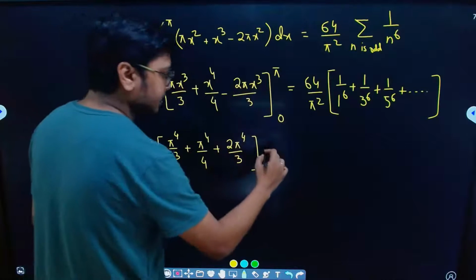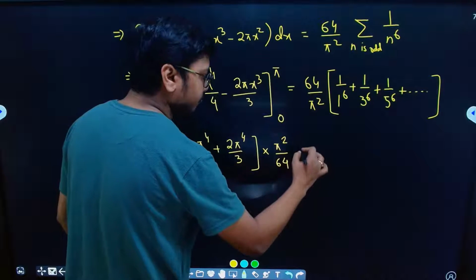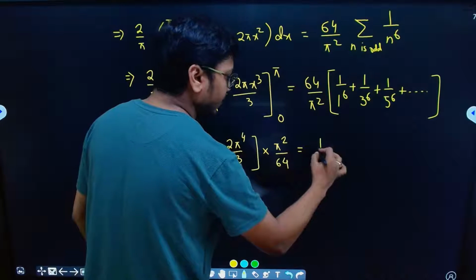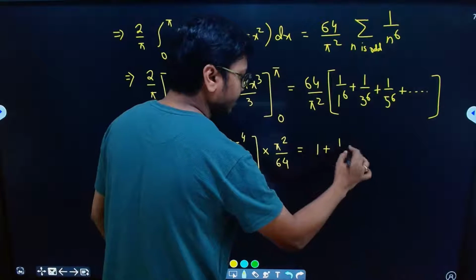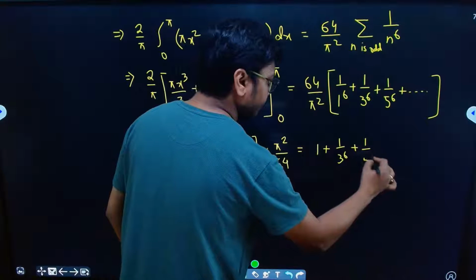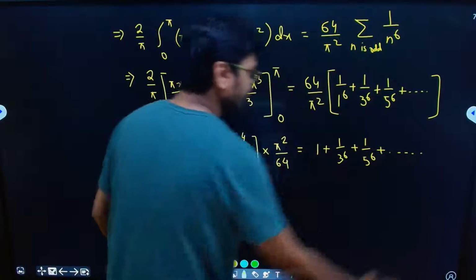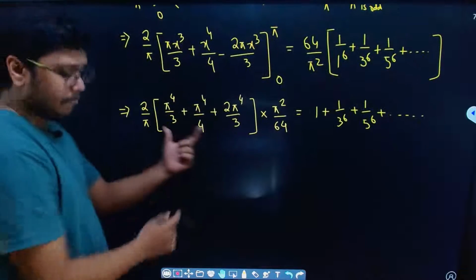I'm bringing this term on the left side. Pi square by 64 equals 1 plus 1 by 3 to the power 6 plus 1 by 5 to the power 6 plus so on. So I need to simplify this part.